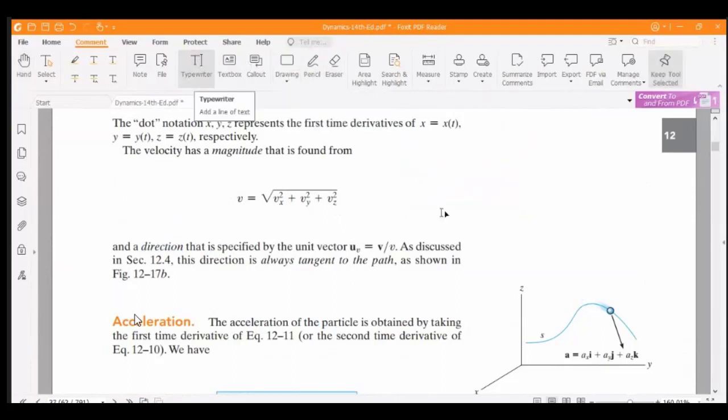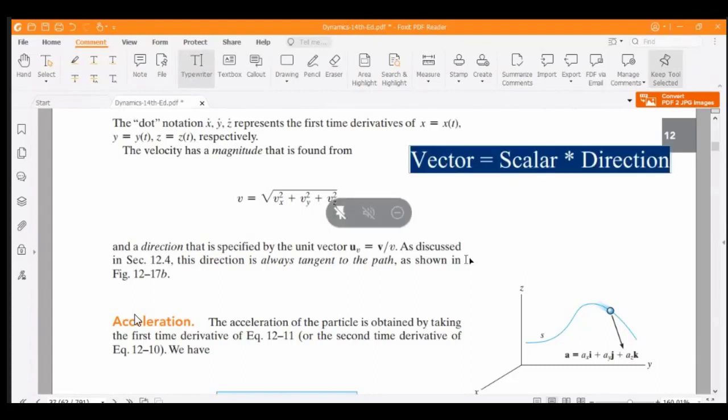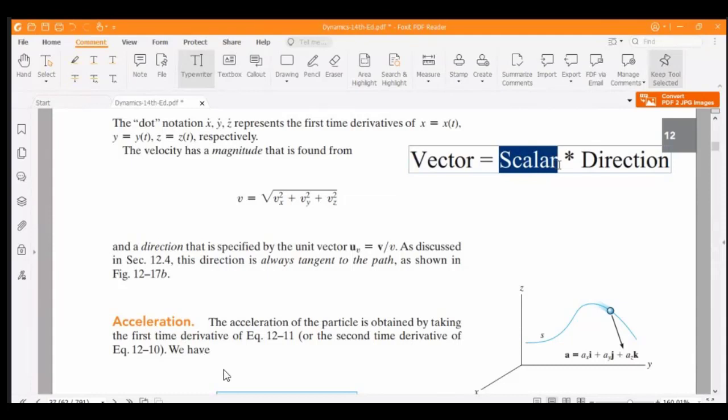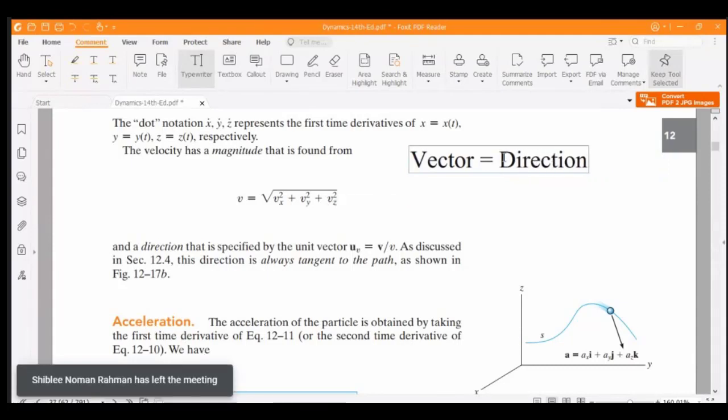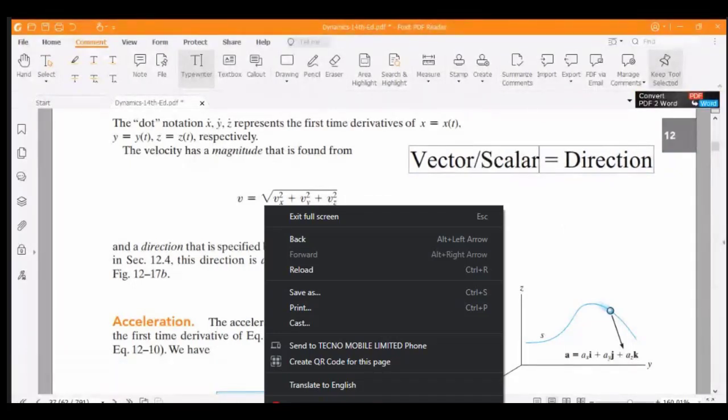So the relationship between scalar and vector, you can say like that: any vector is equal to its scalar multiplied by its direction, isn't it? Yes, sir. If you divide the vector by your scalar, you get the direction. That is the theme we are trying to say in this type of statements.